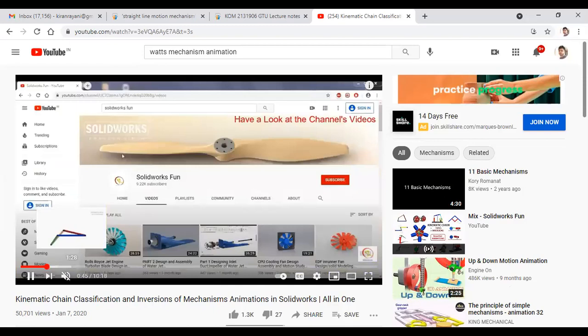So these are the different animated videos of the Watt's mechanism. Next one is the Roberts mechanism, which is also an approximate straight line motion mechanism.